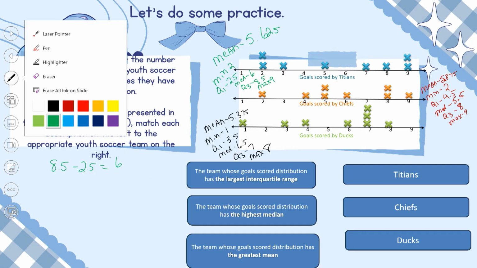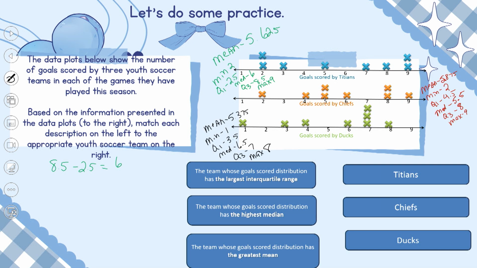Then let's look at the Chiefs. Let's go back to red. I had Q3, which is 8, minus my Q1, which was 4.5. So I take that 8 and I subtract that 4.5 and I get 3.5. Now let's look at the Ducks.